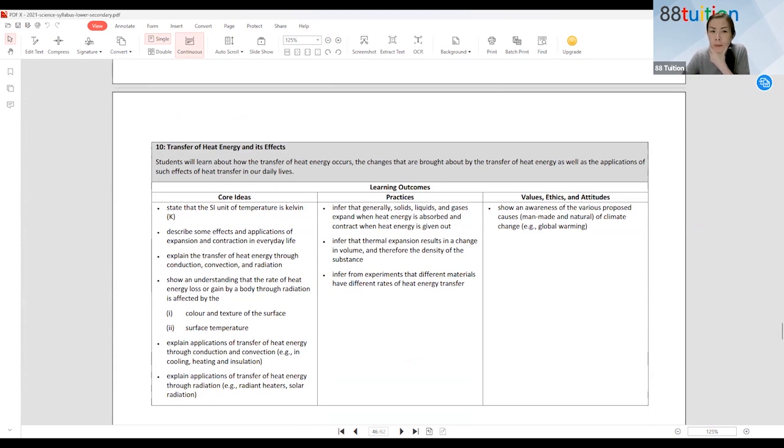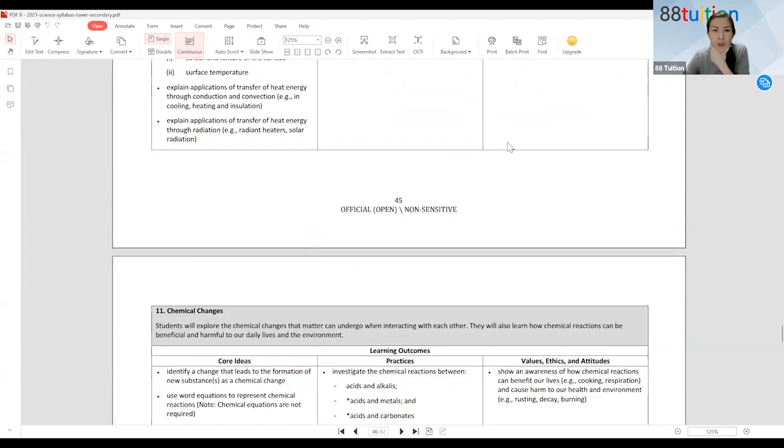Do you all realize or not, Jocelyn and Sherman? We did heat first, then after heat we started on the chemical changes.